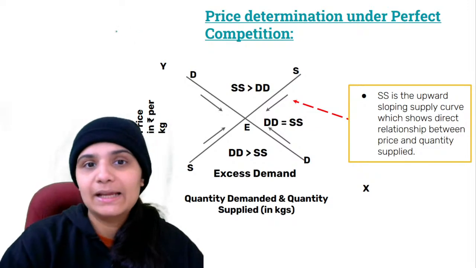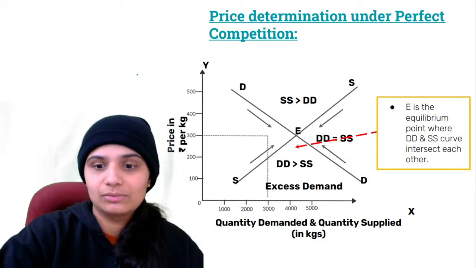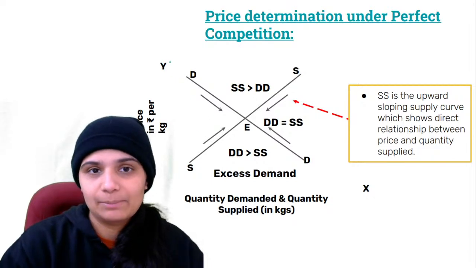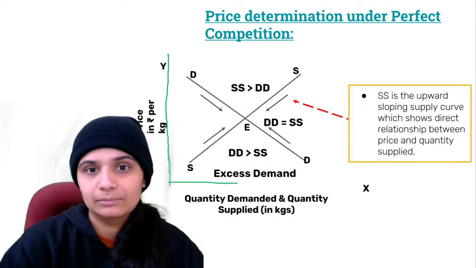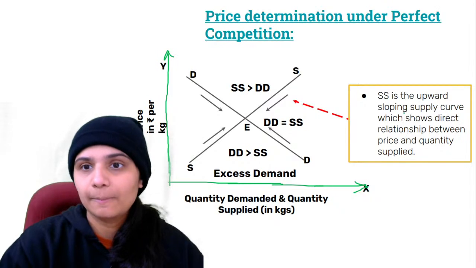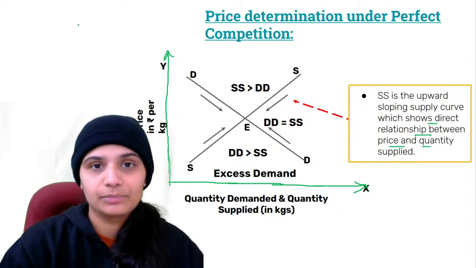For the supply line, SS is your upward sloping supply line, which shows a direct relationship between price and quantity.